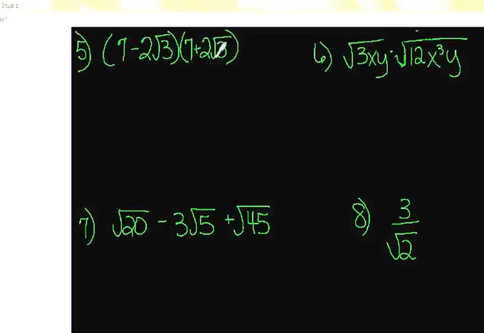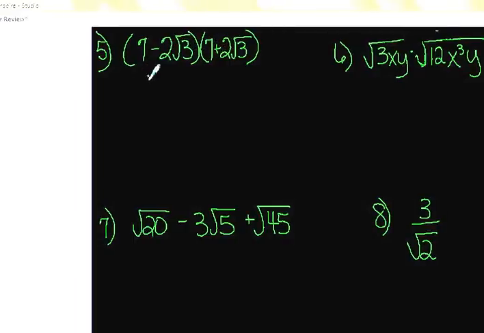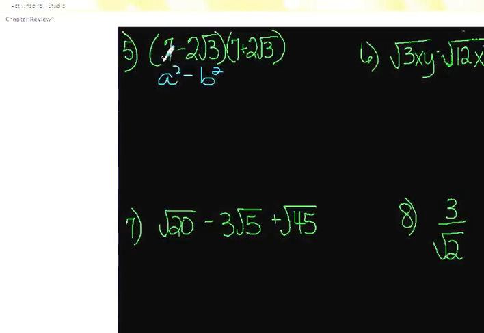Those are conjugates of each other, and when you have something in the a plus b, a minus b template, the shortcut way of multiplying this out is just taking a squared and subtracting b squared. A stands for the first term in the binomial, so we can take 49, and then b squared would be this number squared here.